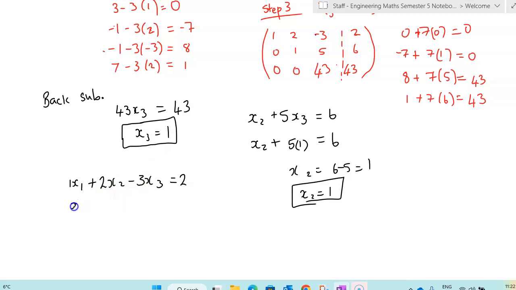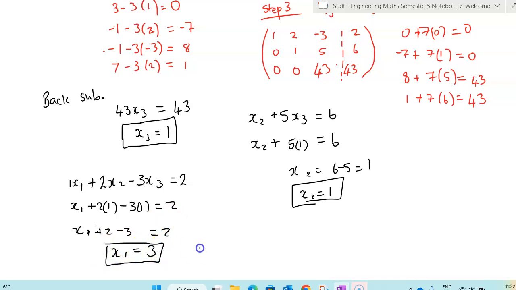So now we can say x1 plus 2 ones minus 3 ones equals 2. So x1 plus 2 minus 3 equals 2. When we sort that out, the 2's will cancel, the 3 goes the other side. x1 equals 3.